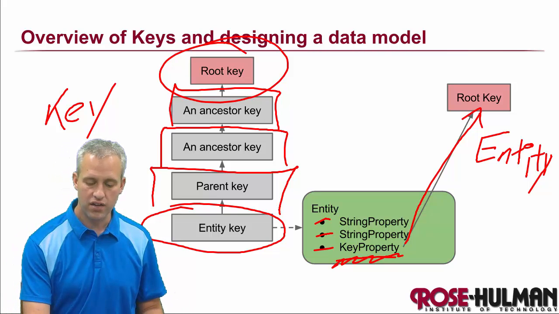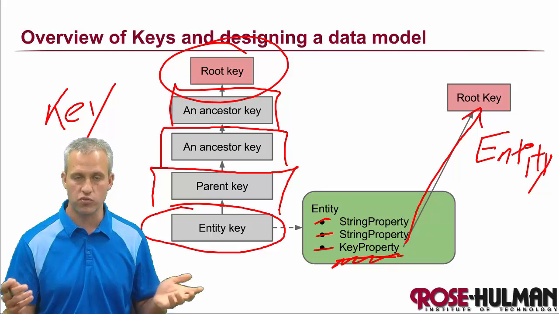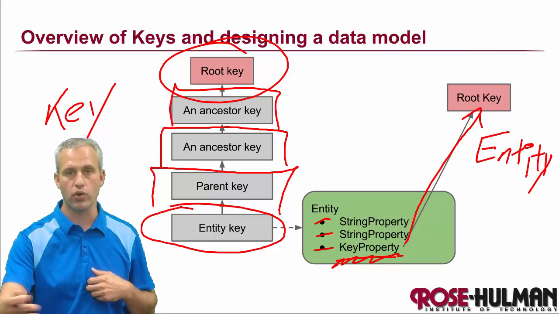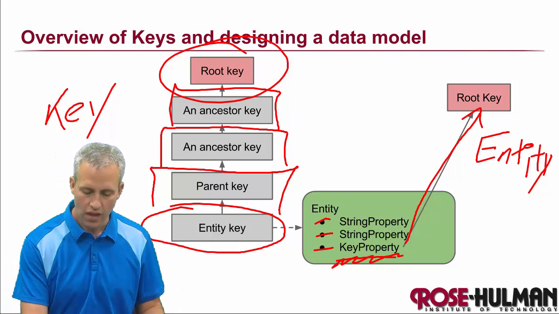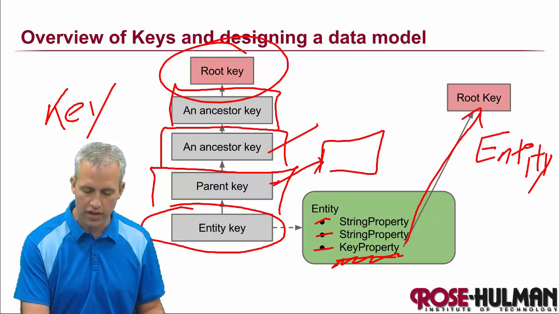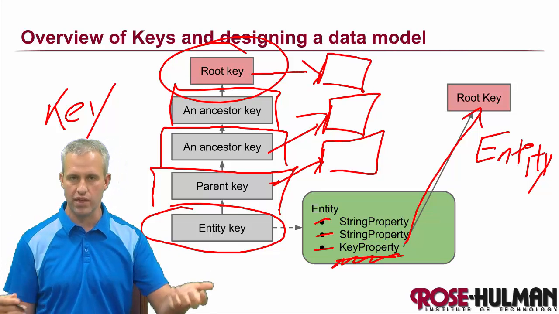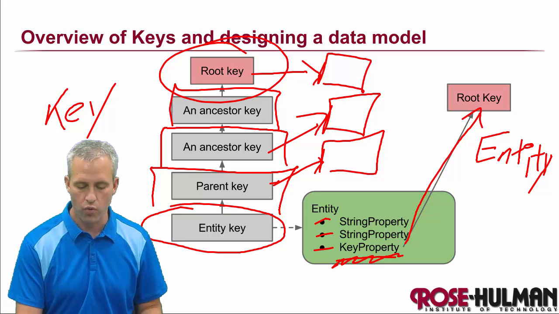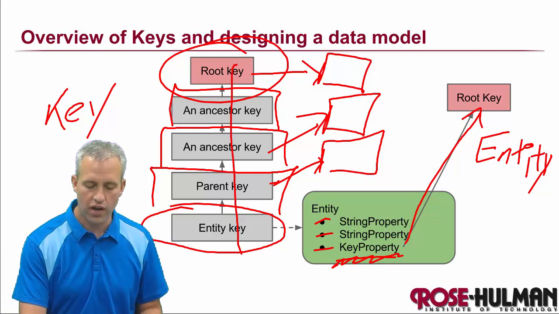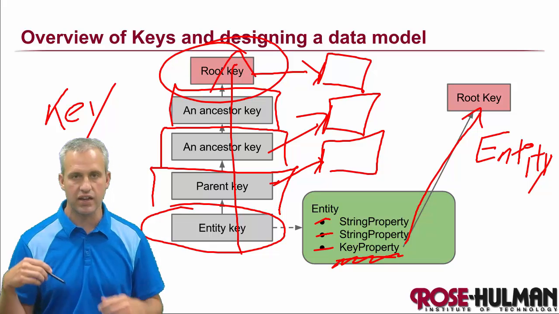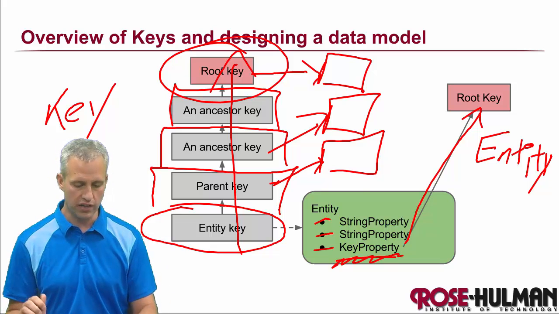You might just be a root, and you might point to an entity, and that's great. And then these other keys might point to their own entities, or interestingly enough, they might not, which is kind of a crazy thing. You can have a key without it pointing to something. We'll talk more about that. But I wanted to make sure you were aware that there is definitely a structure to keys.